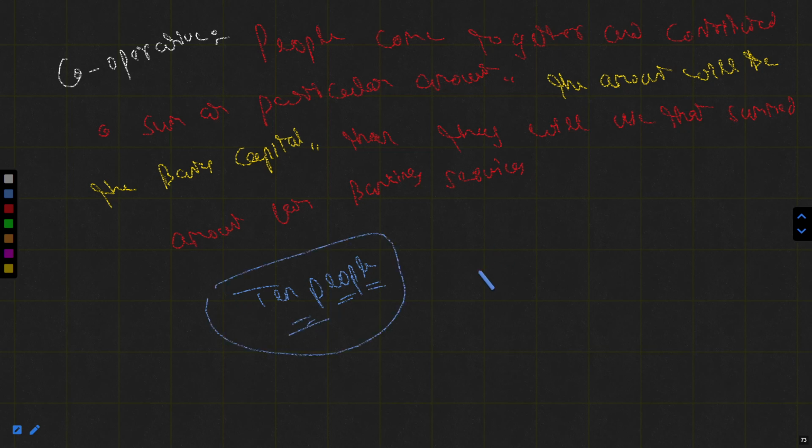These 10 people contributed rupees 1 lakh each. So the total amount after summing up will become rupees 10 lakhs. This 10 lakh will be the capital of their cooperative bank.